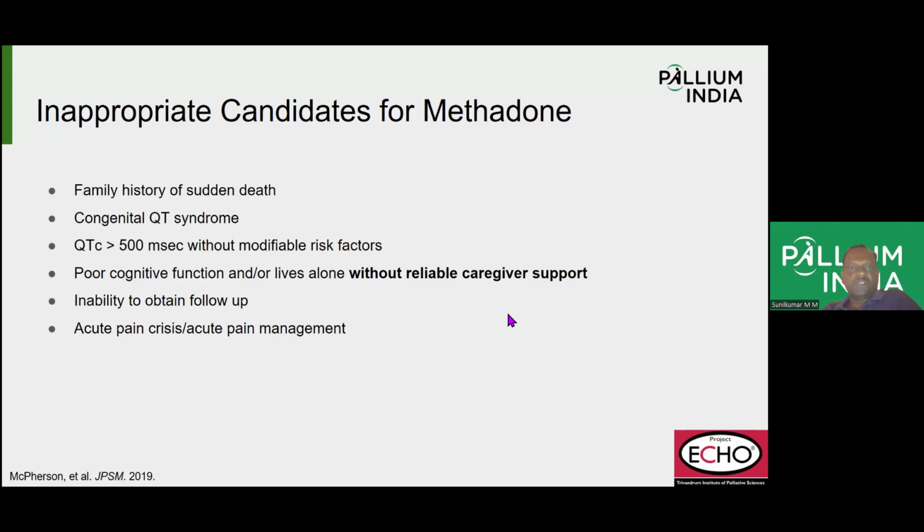Normal corrected QT interval. Anybody? Okay, it is 450 milliseconds in the general population, and 460 milliseconds in females.